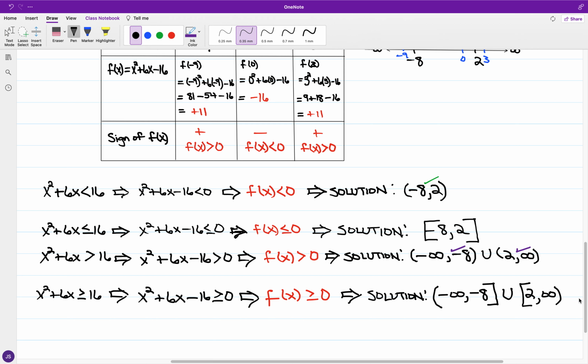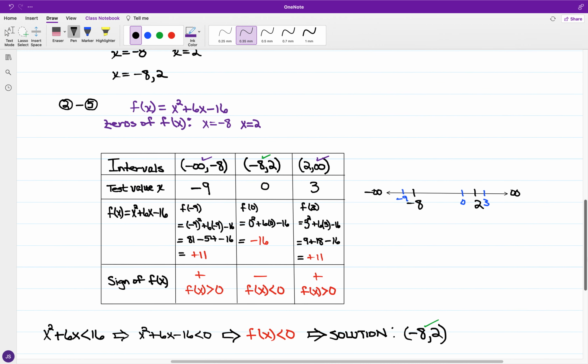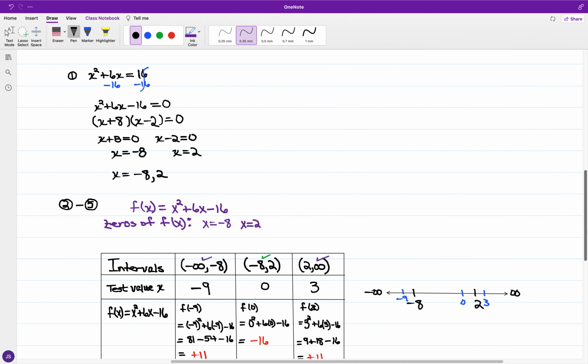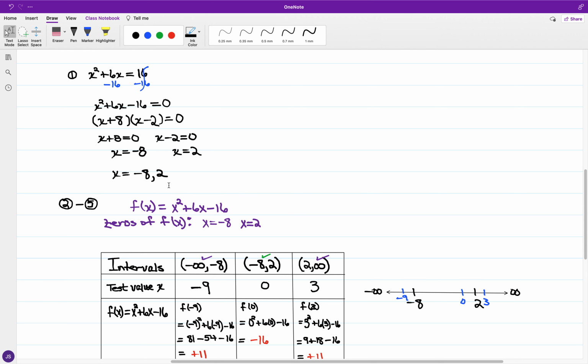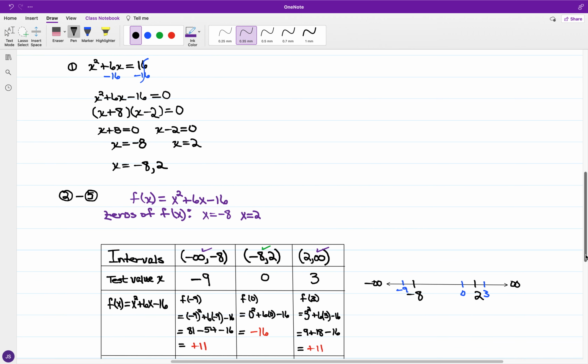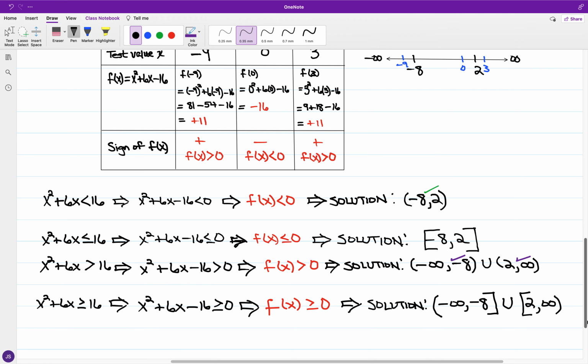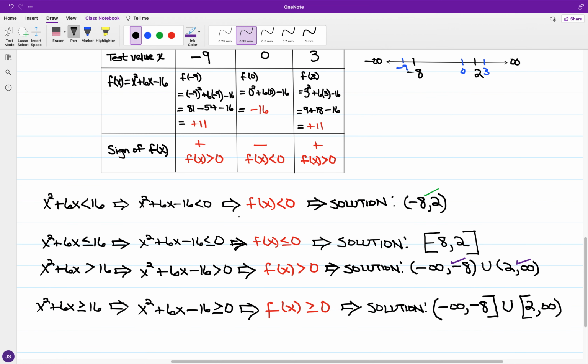Now again, when we had x squared plus 6x is equal to 16, we had the values of x at negative 8 and 2. And for the inequalities, putting in terms of f of x, we have these respective solutions for x: for x squared plus 6x less than 16, less than or equal to 16, as well as greater than or equal to 16.